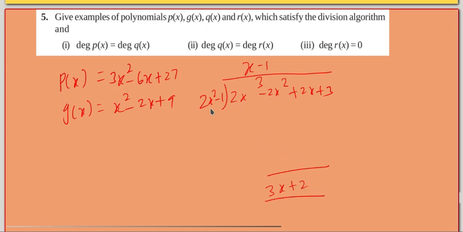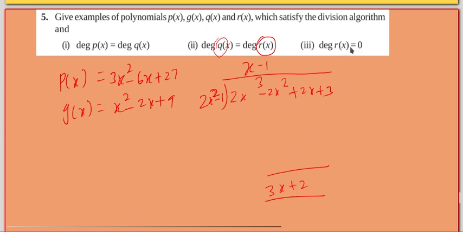That means we have to take p of x and g of x in such a manner that the degree of the quotient and the degree of the remainder are equal. In this, the degree of q of x is 1, and the degree of the remainder is also 1. So both of these are equal.